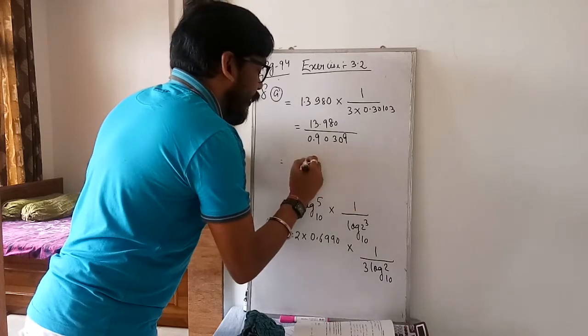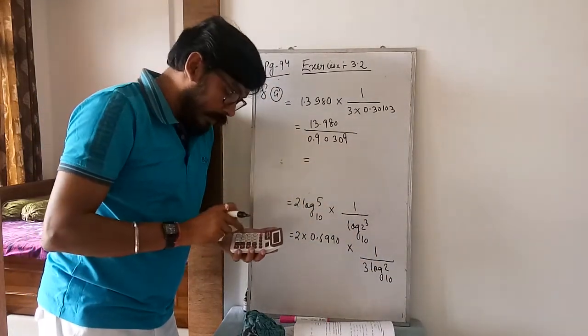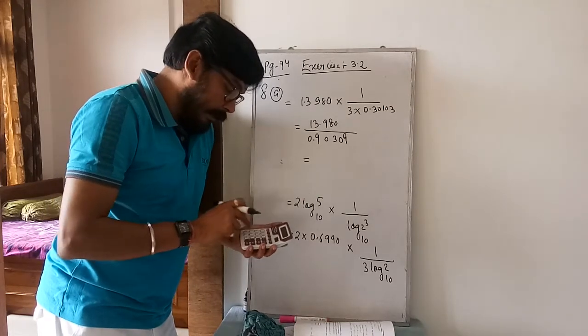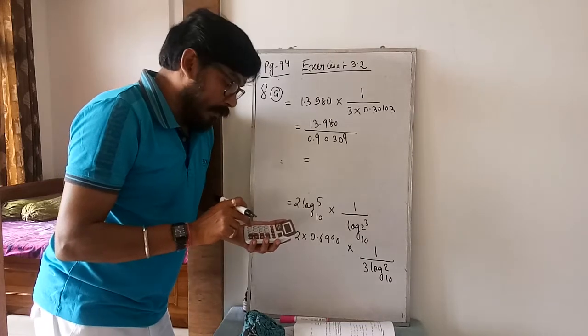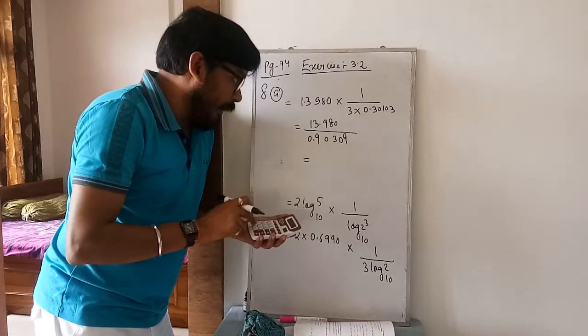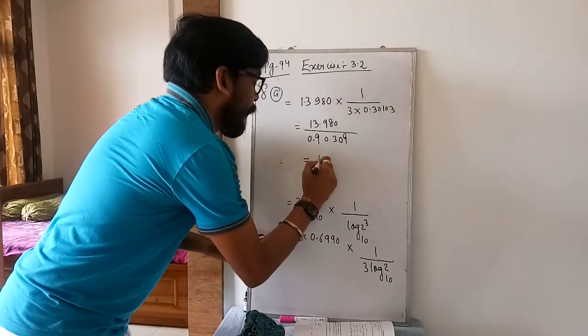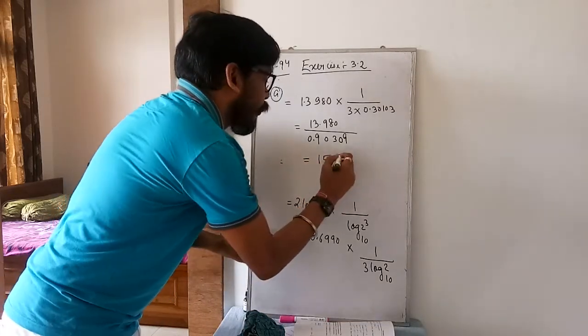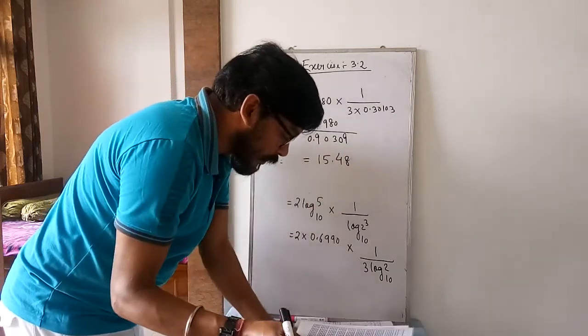So I will do the division now. You will do the division by yourself. I am doing it here using the calculator. 13.980 divided by 0.90309, so you will get 15.48. It will continue, I have kept only 2 digits after the decimal.